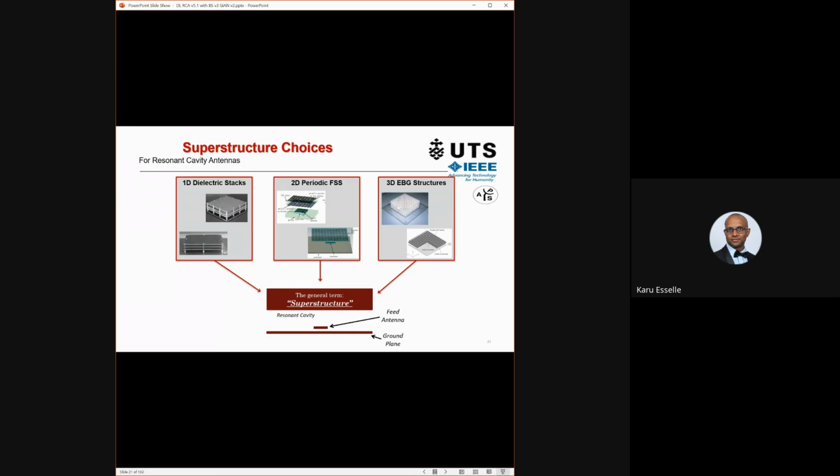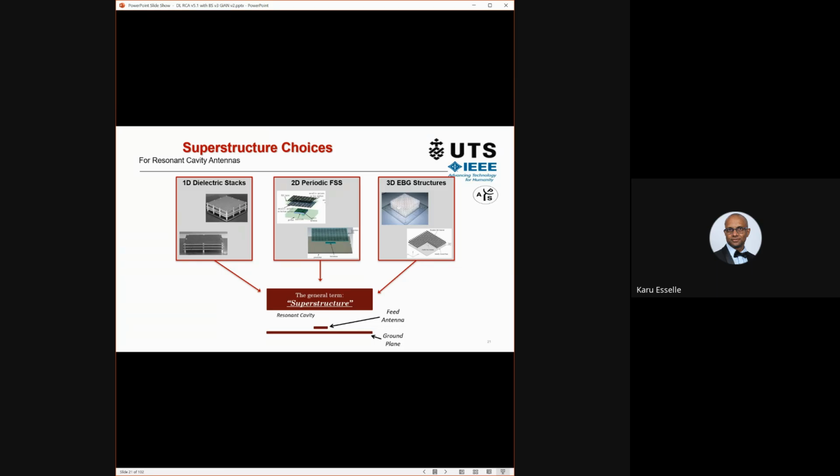Now the third type is based on 3D electromagnetic band gap structures, like the woodpile you saw yesterday. If you take just one piece of this woodpile, you can use it as a superstructure, because one section is partially reflecting and partially transmitting.